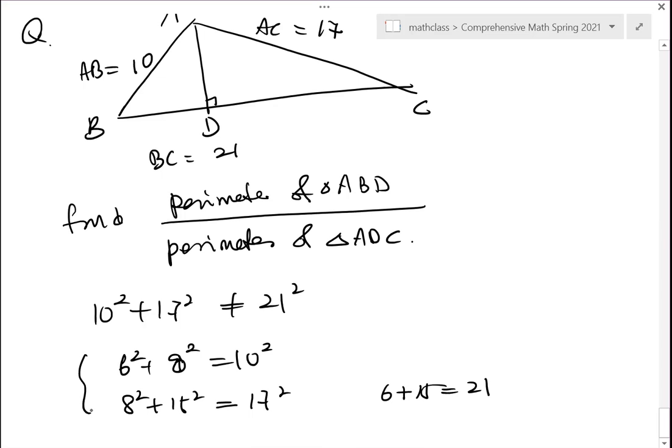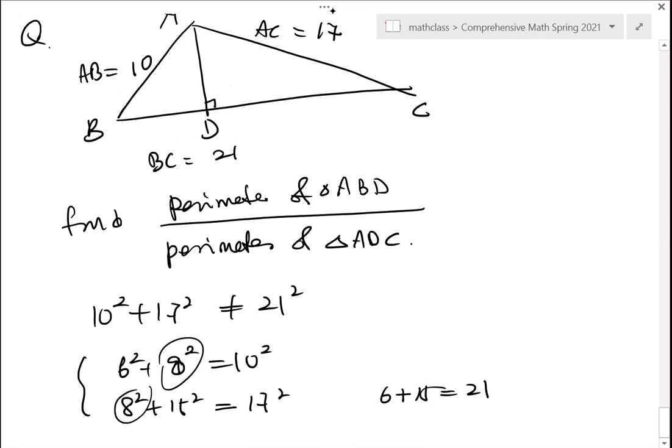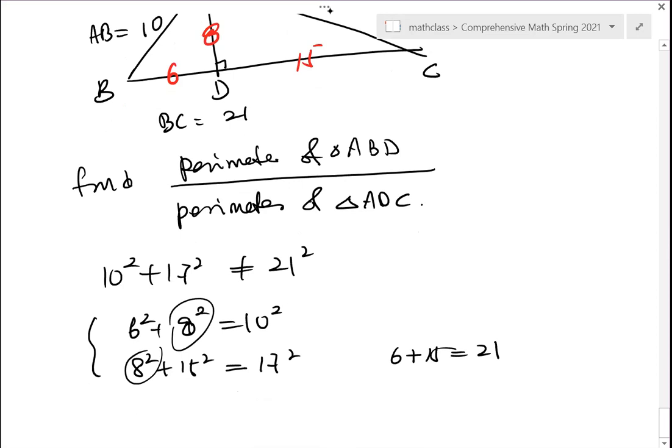If you know those relationships, then you already solved the problem. This is a shared side AD. So if this is 8, this is 6, this is 15. If we can recognize this, then you solve the problem. So the answer is 3 over.